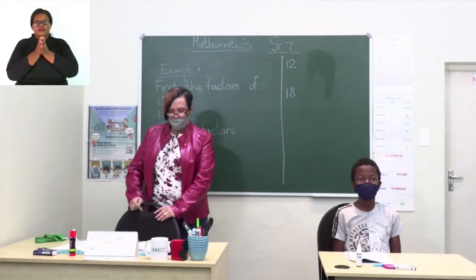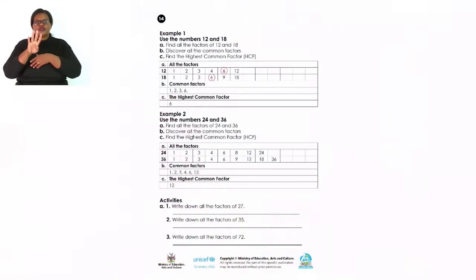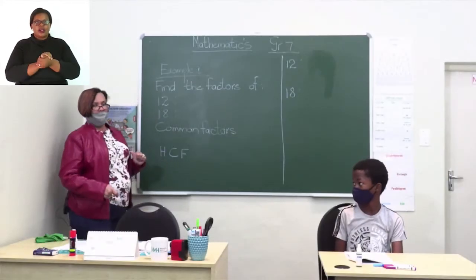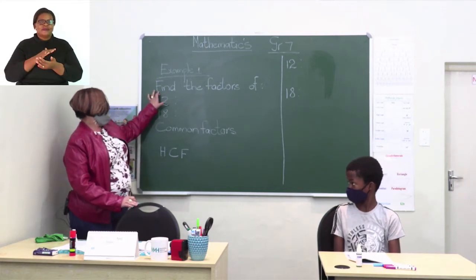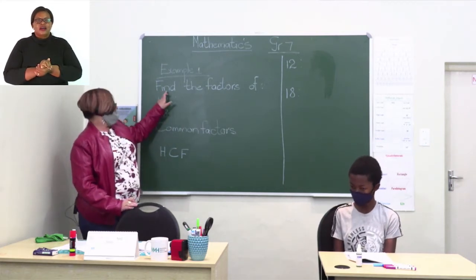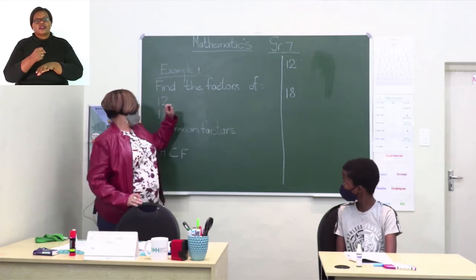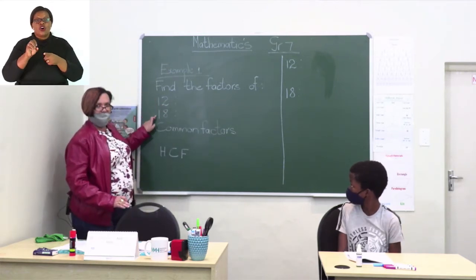On page 14, we will find some examples. Those examples I will explain on the board now. Let's go to the board. And Pomweni is here to assist me. So the first example: find the factors of 12 and 18.